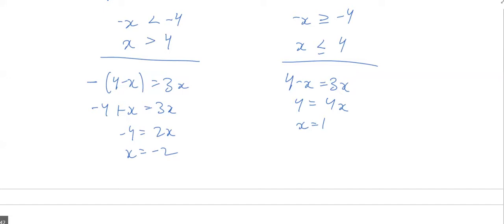Not true. So it's not in the domain. So it's extraneous. 1 is less than or equal to 4, so that one's fine. Therefore, x equals 1 is our solution.